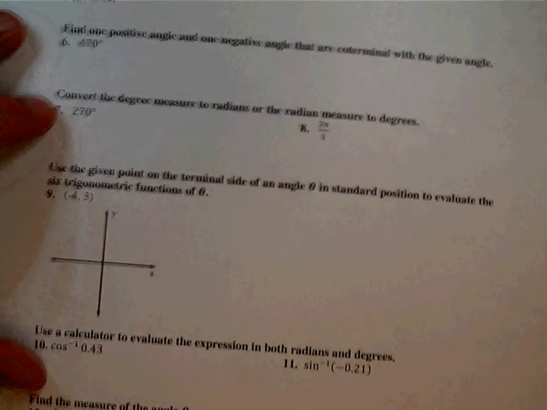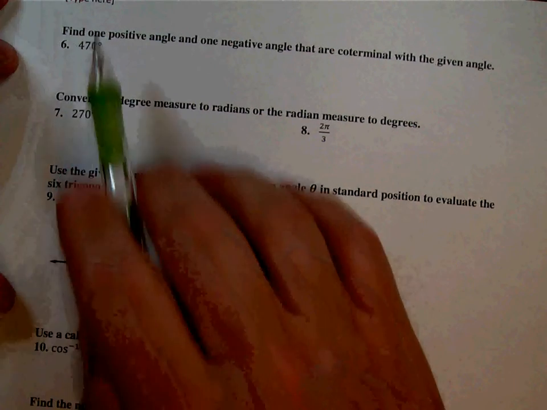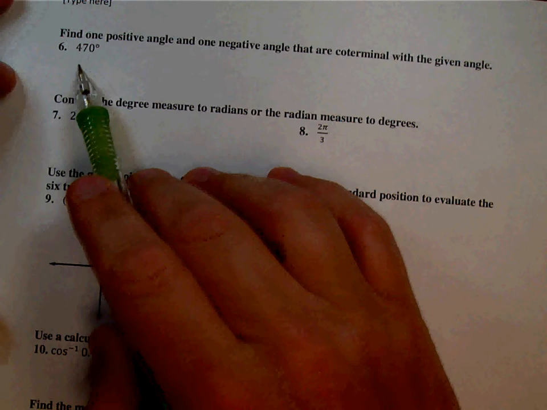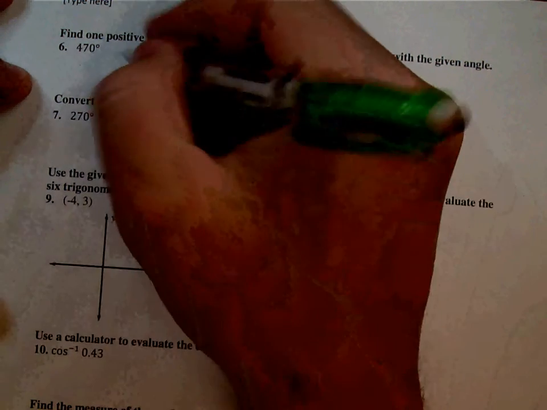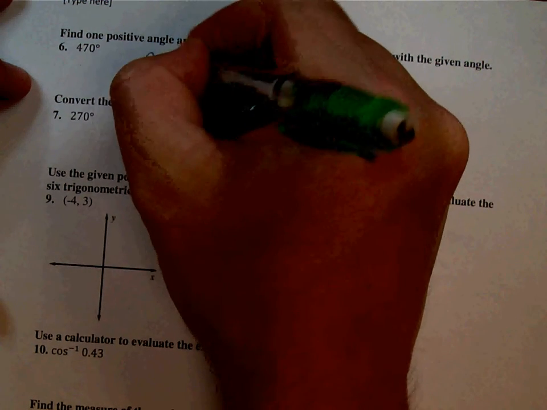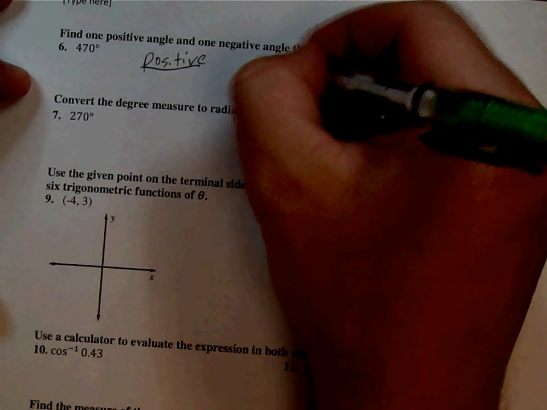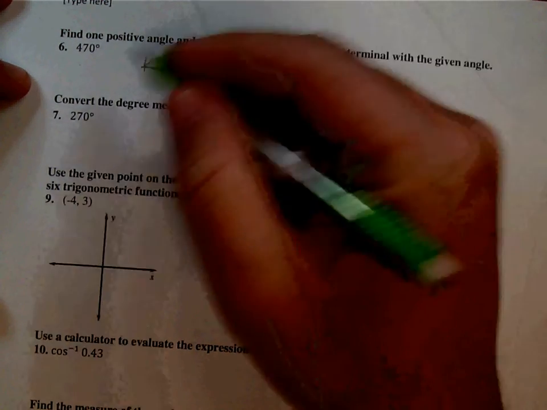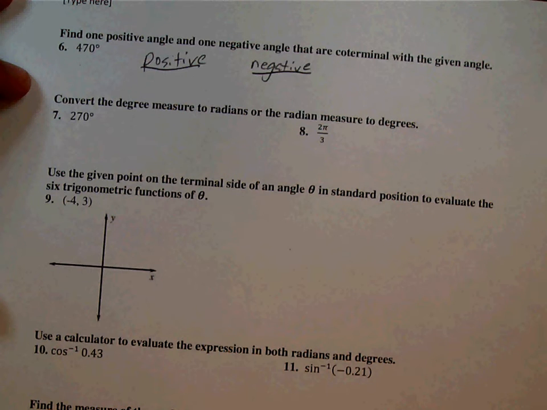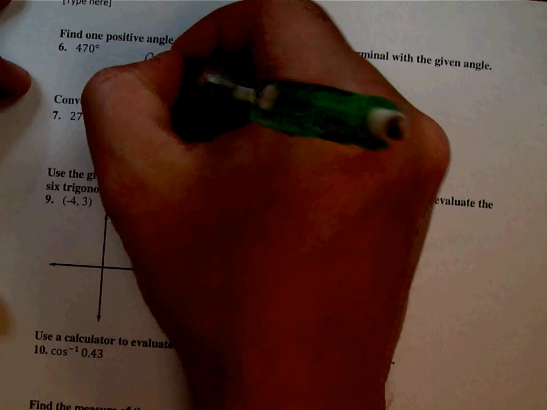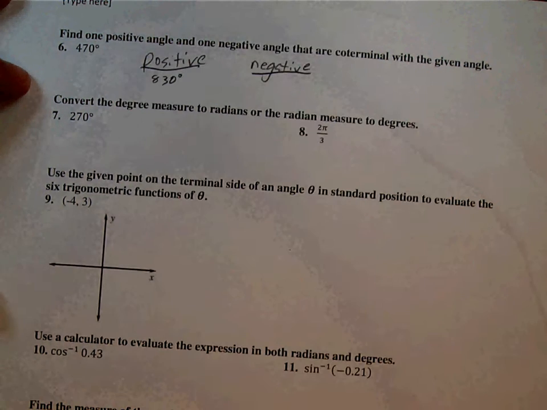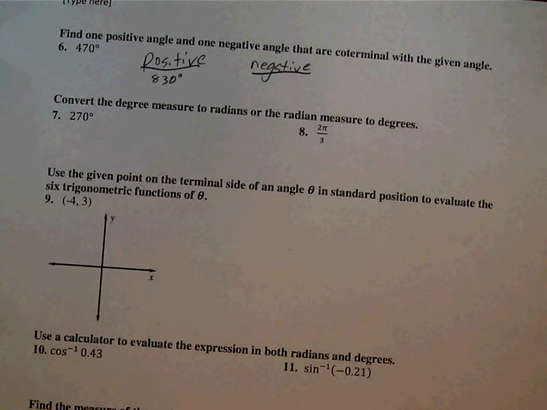Find a positive angle and a negative one that are coterminal. So to find coterminal with 470, you can add or subtract 360. So if I add 360 to 470, we get 830. That is an acceptable answer. That is not the only answer.